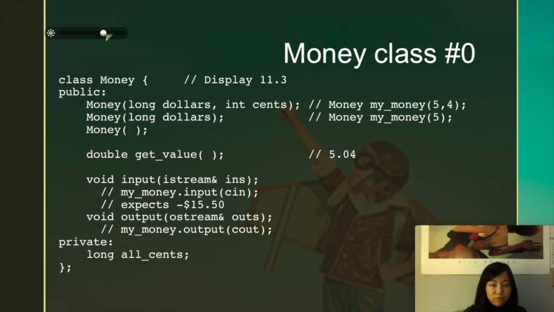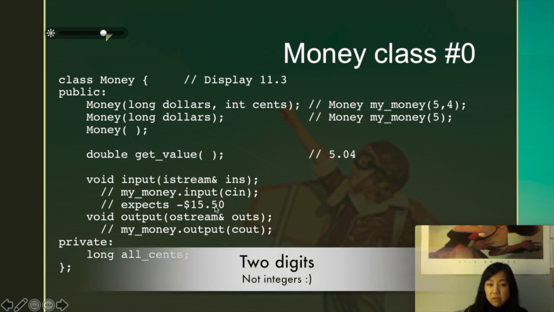If we look at the full declaration of this class, it expects an input that doesn't have to have a negative, but it will start with a $ sign if there's no negative, and then the dollar amount with a dot, and then the number of cents represented in 2 integers always.